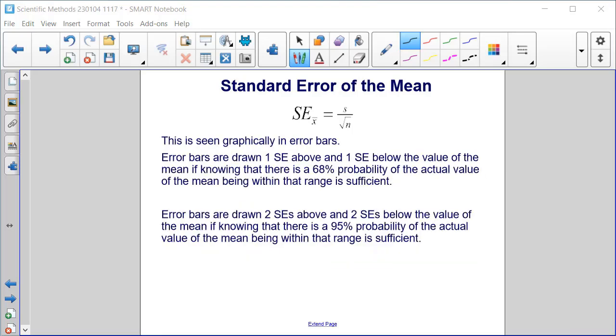This is seen graphically in error bars. Error bars are drawn one standard error above and one standard error below the value of the mean, if knowing that there is a 68% probability of the actual value of the mean being within that range is sufficient. Error bars are drawn 2 standard errors above and below the value of the mean, if knowing that there's a 95% probability of the actual value of the mean being within that range is sufficient.